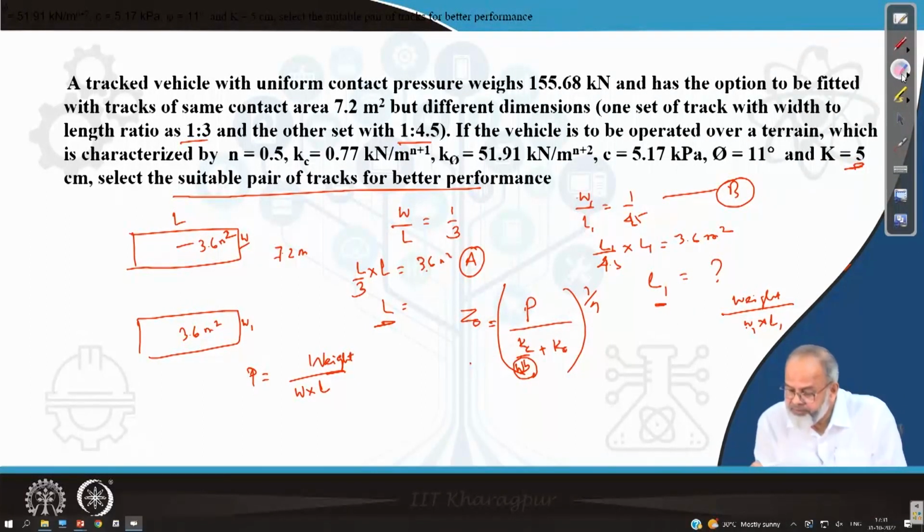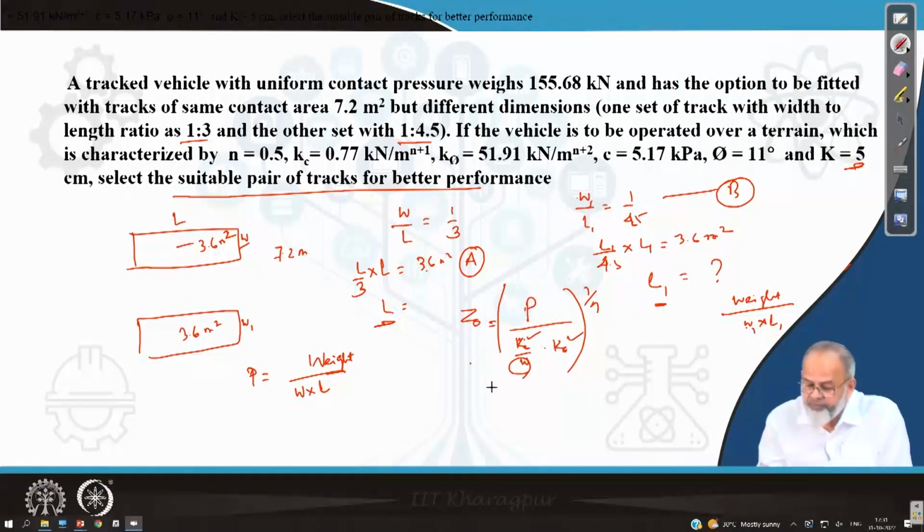So better I should write W so that it becomes clear: P by (Kc by W plus K phi). Kc value is given, K phi value is given, W you have calculated from here. So you can calculate Z0. The next thing is what will be the rolling resistance.